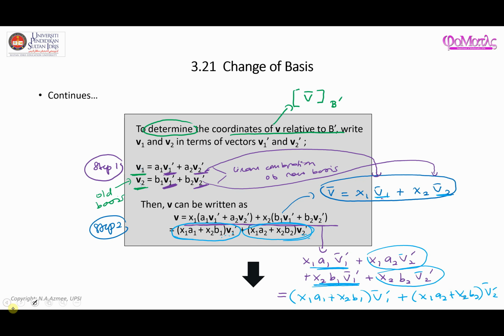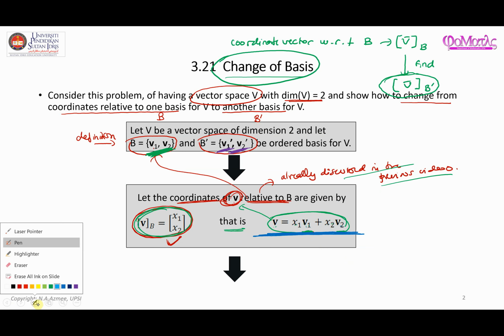Remember that in this example, this is the coordinates of vector v relative to basis b, because v1 and v2 are vectors from the basis. So this one becomes the coordinates.